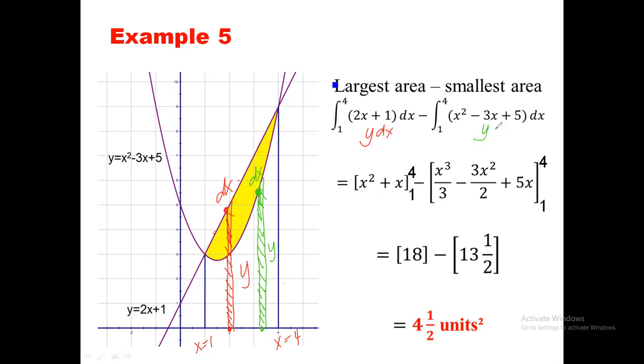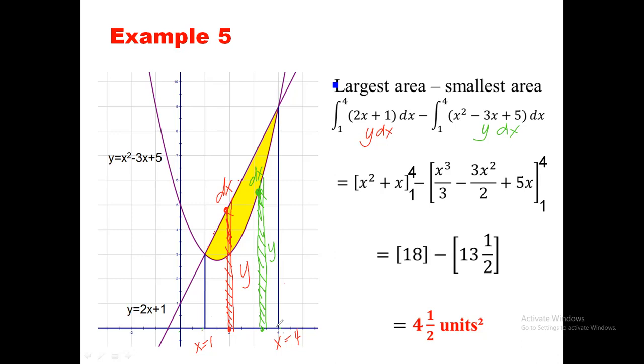So this is still y dx, but this time, that of the curve minus that of the line, which is 0. The limit is still 1 to 4, because this is where 1 is, and 4. Our yellow region is to be determined on the limits 1 to 4.